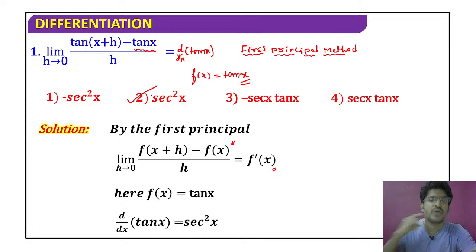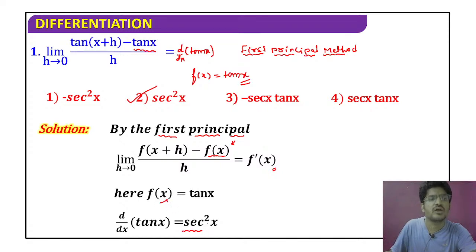I think all of you have understood this problem, because it is very simple. They have given it in the form of first principle method. So by using first principle method, you can identify f of x. So by taking f of x, if you differentiate it, it is going to be equal to secant squared x.